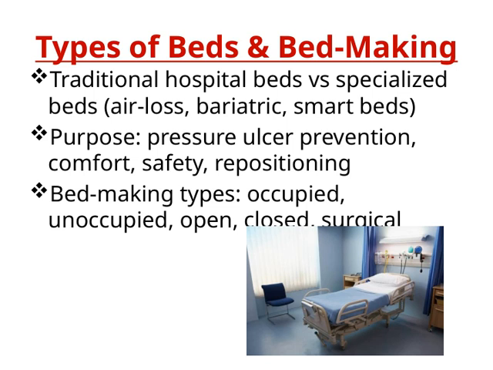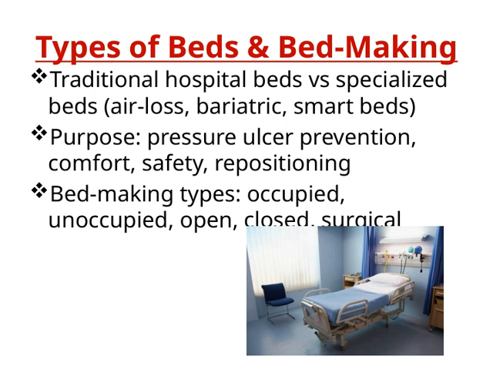Smart beds are equipped with technology to monitor patient status and assist with care. The main purpose of these various beds is to promote pressure ulcer prevention, ensure patient comfort, enhance safety, and facilitate smooth repositioning. Repositioning is critical to prevent complications like pressure injuries and to improve overall patient well-being.